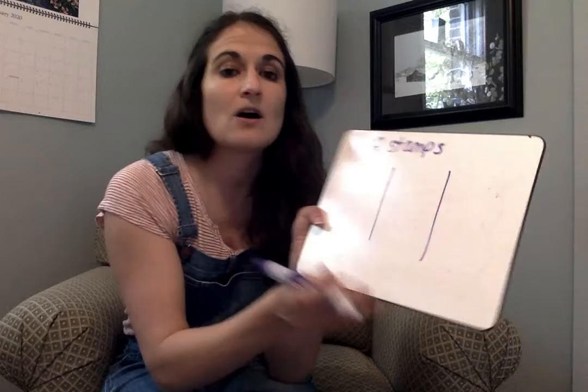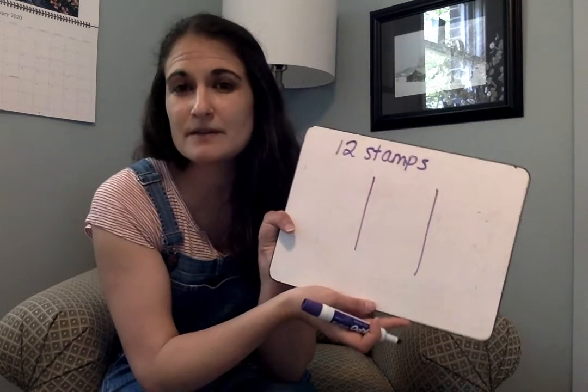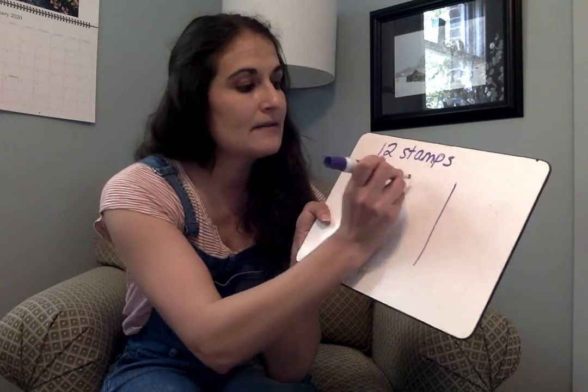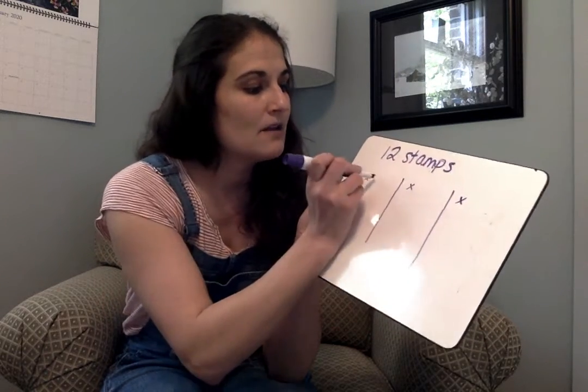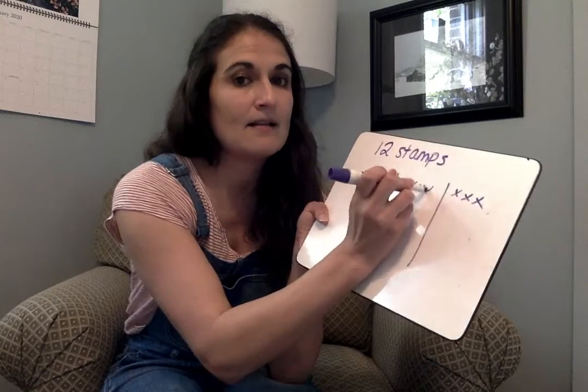What if instead Julie wanted to put her stamps on 3 pages? What is 12 divided into thirds, into 3 equal groups? Well, 1, 2, 3, 4, 5, 6, 7, 8, 9, 10, 11, 12.